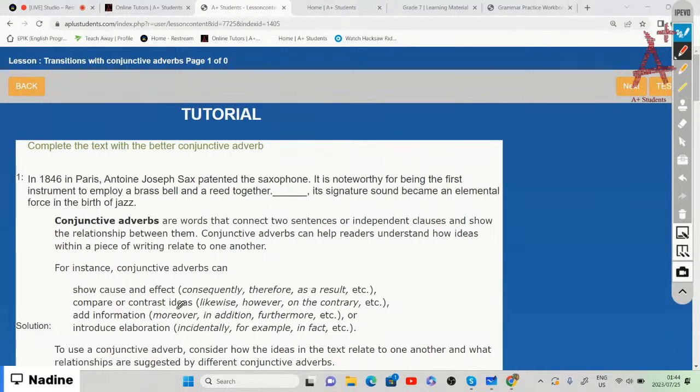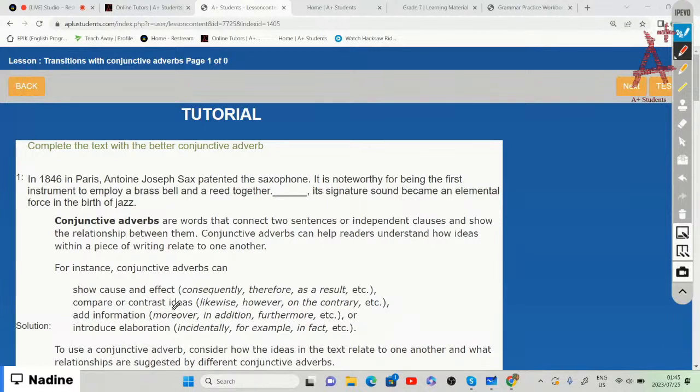So, for instance, conjunctive adverbs can show cause and effect, where we can use words like consequently, therefore, or as a result. It can compare and contrast ideas, right? Where we can use words like likewise, however, on the contrary, and more. Or you can add information, and by adding information, we can use words like moreover, in addition, furthermore, right?